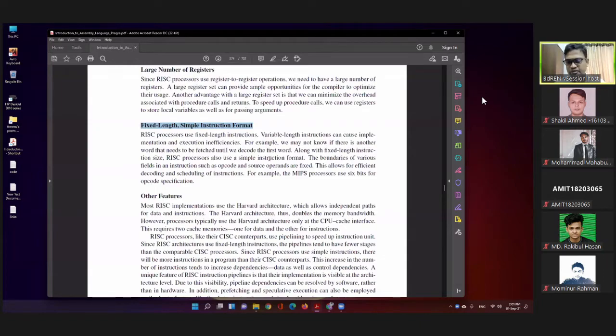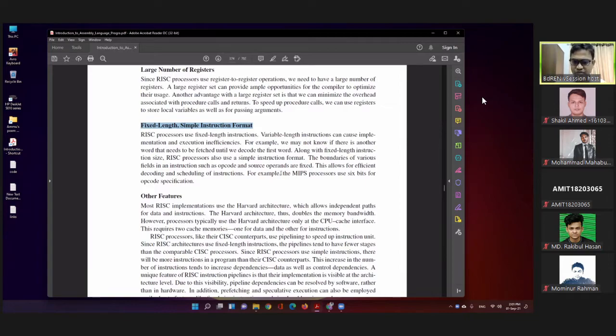But if you think about the RISC processor, whatever instruction you write, the length of all the instructions, whenever you convert them into machine language, is the same size. That is a very good feature for this MIPS type of processor or RISC type of processor.